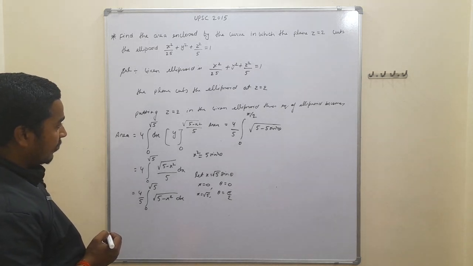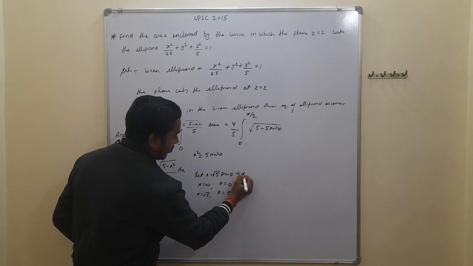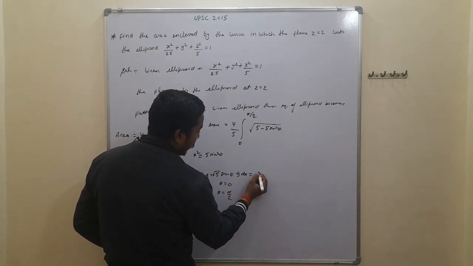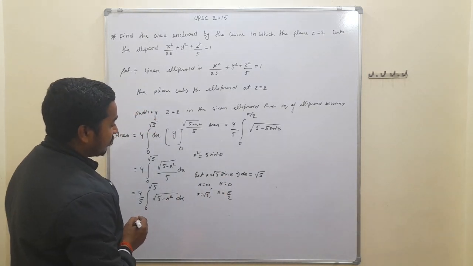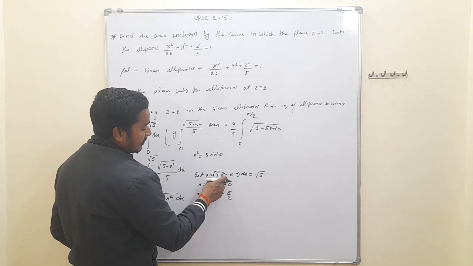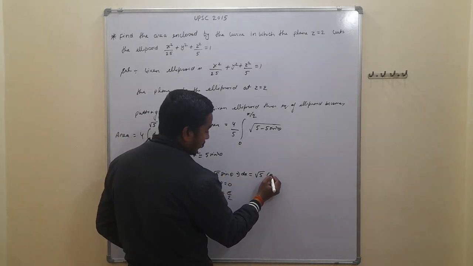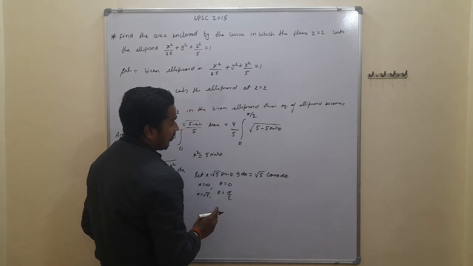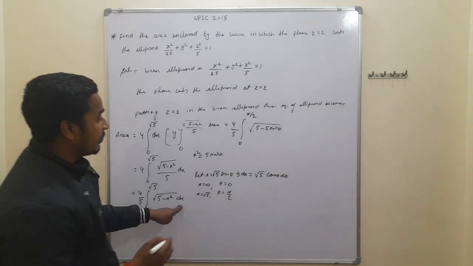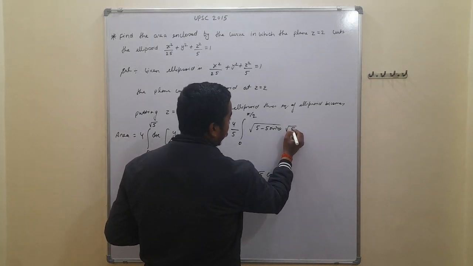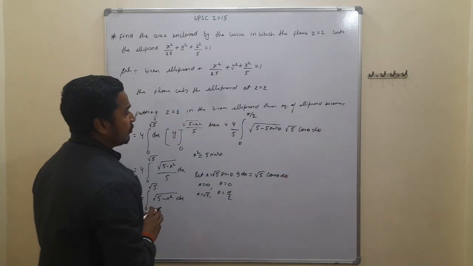On differentiation, dx is given by root 5 cos theta d theta.